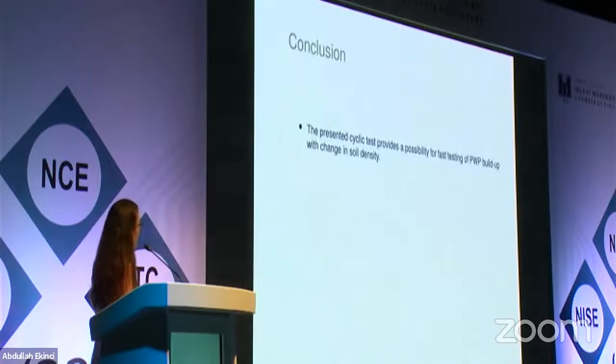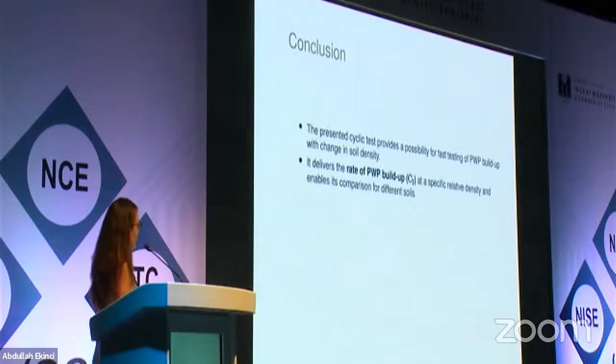Now to conclude, I hope I was able to convince you that the presented cyclic test provides us a possibility for fast testing of pore water pressure buildup with change in soil density. The test delivers the rate of pore water pressure buildup, the CL value, at a specific initial relative density, and also enables its comparison for different soils.